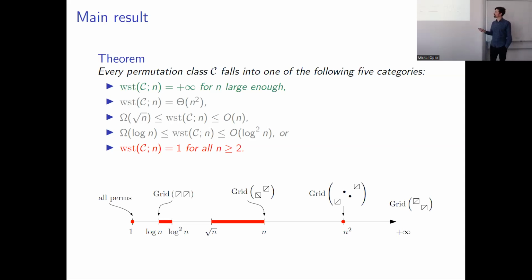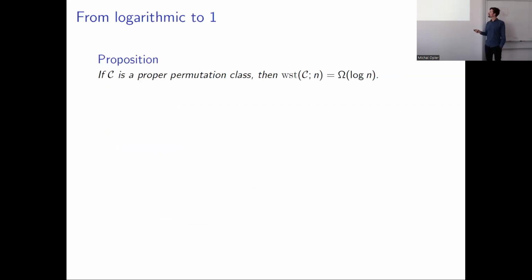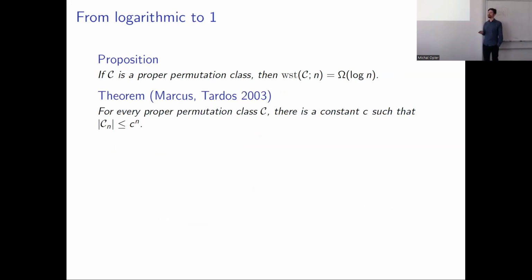Now the other extreme, the classes with worst sorting time 1, and that's only the class of all permutations, because I claim that for any proper permutation class, meaning it does not contain everything, the worst sorting time is at least logarithmic. This is just a counting argument, because by Marcus and Tardos, for any proper permutation class there is some constant c such that the class grows at most exponentially with this constant.